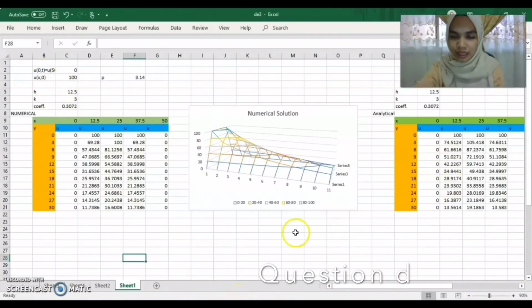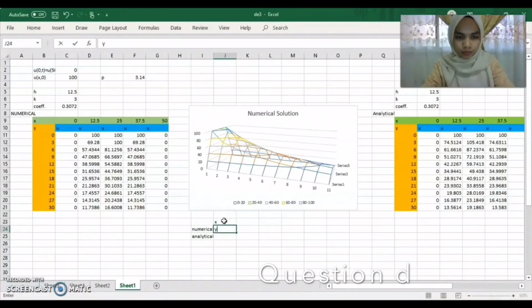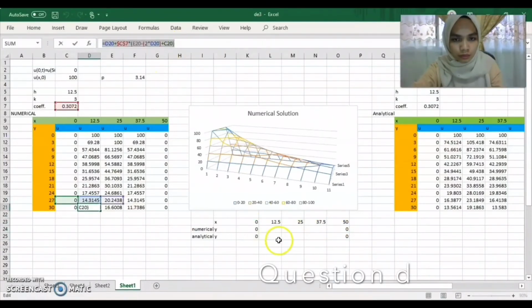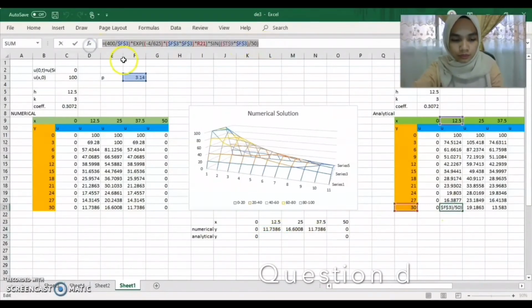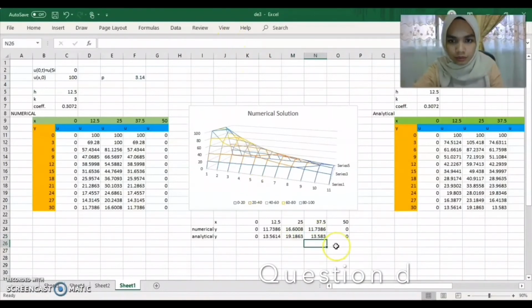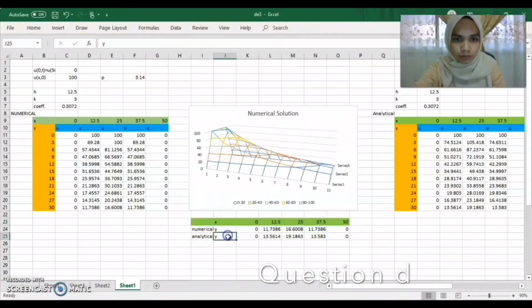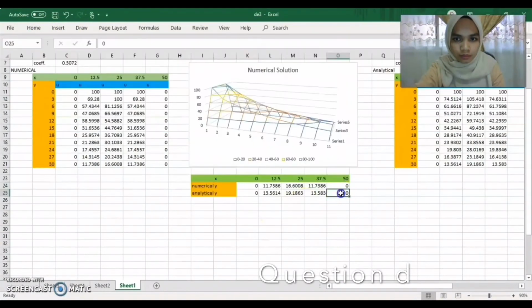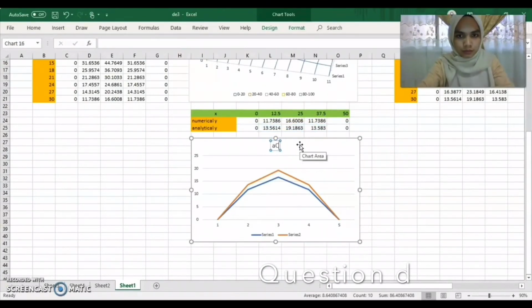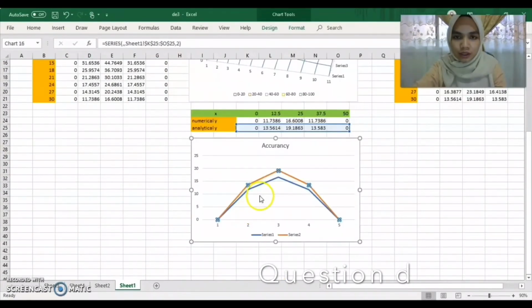But before that, let me show you the graph of accuracy. Okay, this is the graph for accuracy.